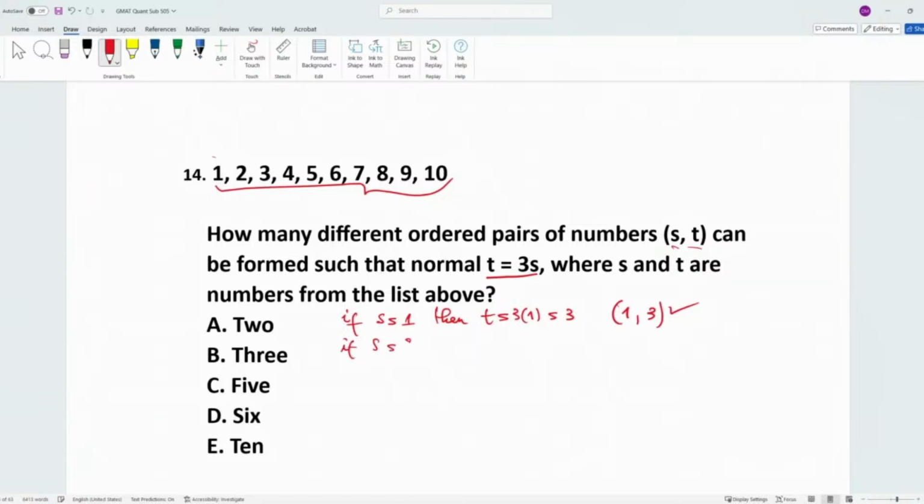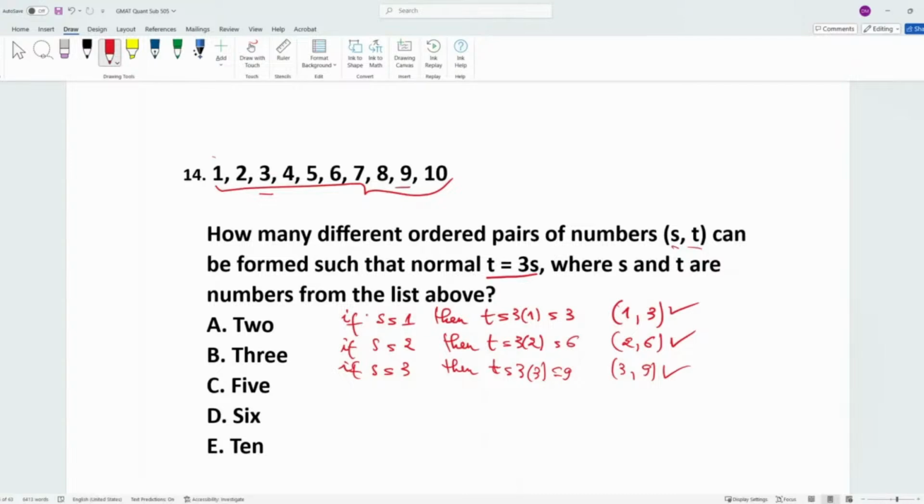If S is equal to 2, then T is equal to 3 times 2, that's 6. So we have 2 and 6. This is also okay because 2 and 6 are in the list. If S is equal to 3, then T is equal to 3 times 3, which is 9. So we have 3, 9, and both are in the list.